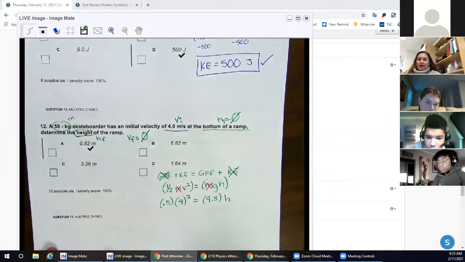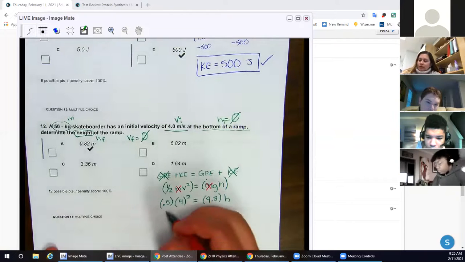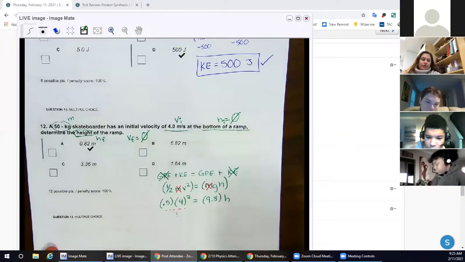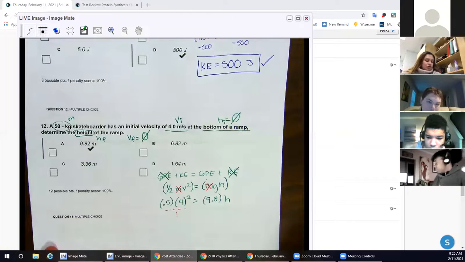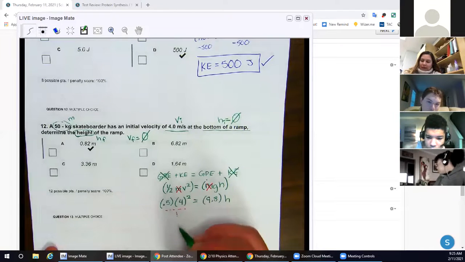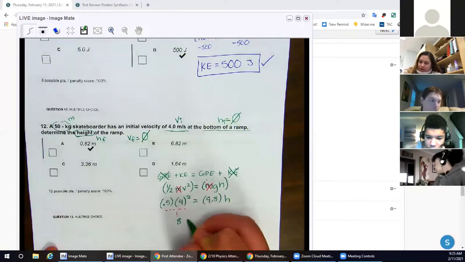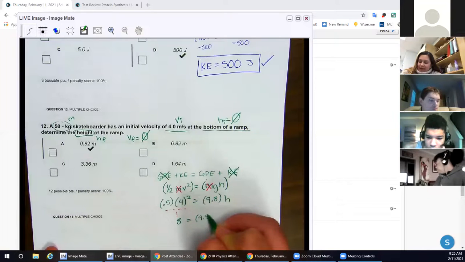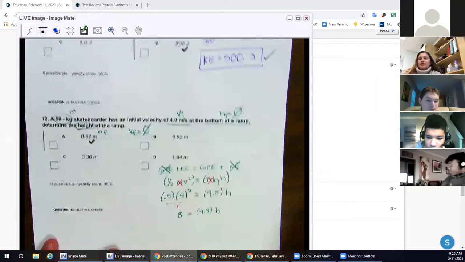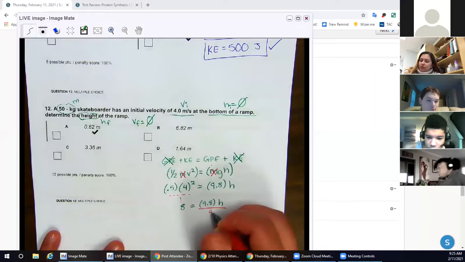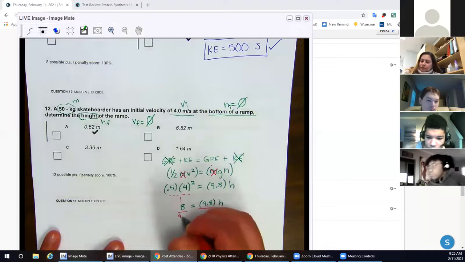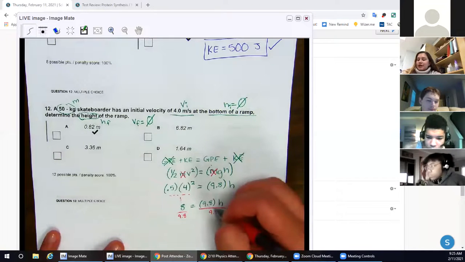So 0.5 times 4 squared. That's going to be equal to 8. That still equals 9.8 H. Then you just need to divide both sides by 9.8. That cancels out on your right.